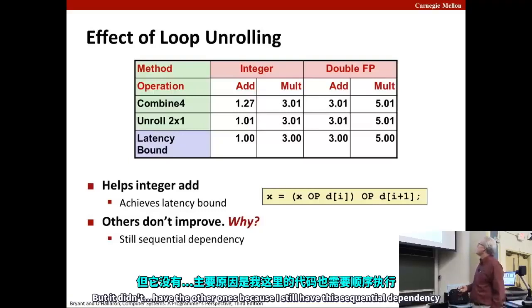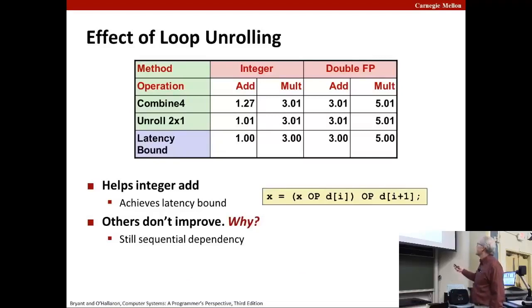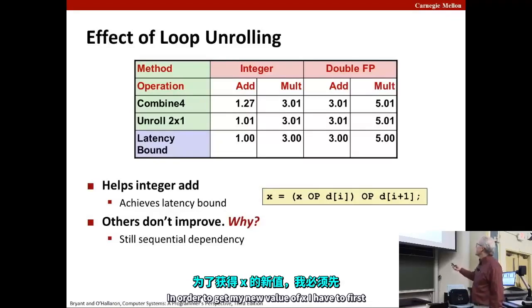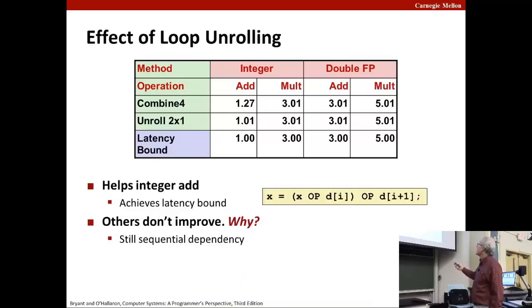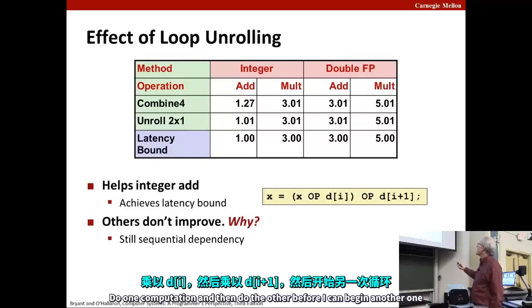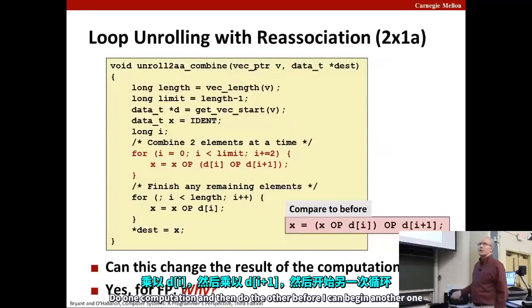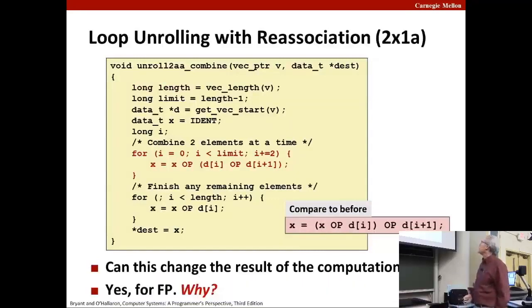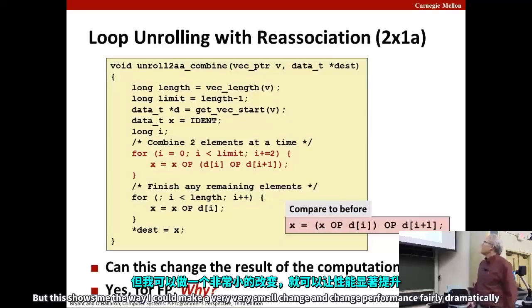But it didn't improve the other ones because I still have this sequential dependency. In order to get my new value of x, I have to first do one computation and then the other before I can begin another one.